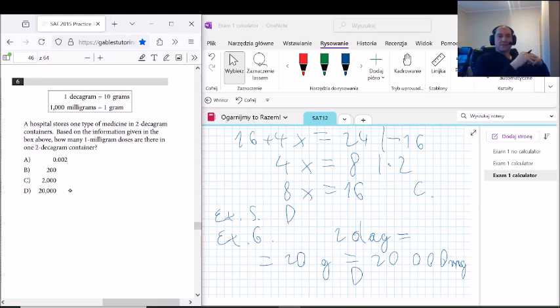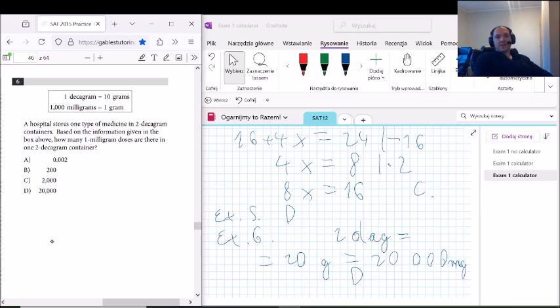And these are always numbers like 10, 100, 1000. I think it's much simpler than, for example, 12 inches equals 1 foot and 3 feet equals 1 yard, which means that 12 times 3, so 36 inches gives you 1 yard.